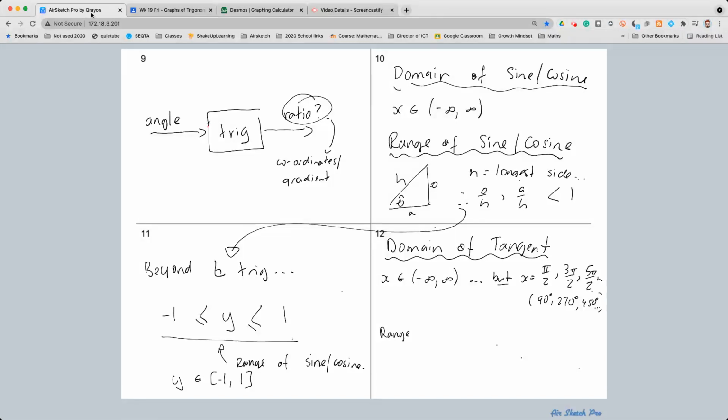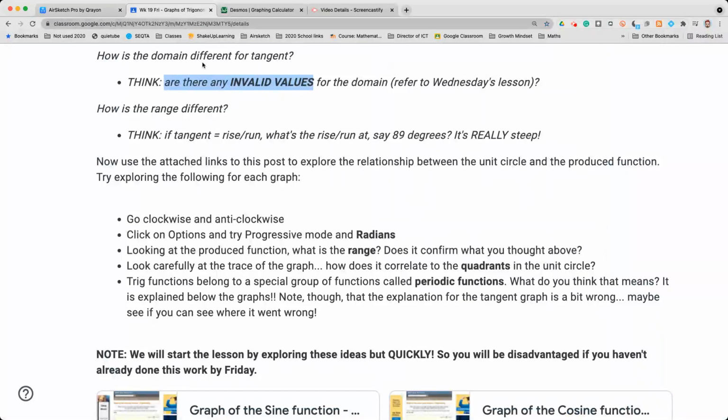Okay, and what about the range of tan? For sine and cosine, we were limited by -1 and 1. What are we limited with for tangent? You can even have a rise of 0, because that would be no rise over any run.